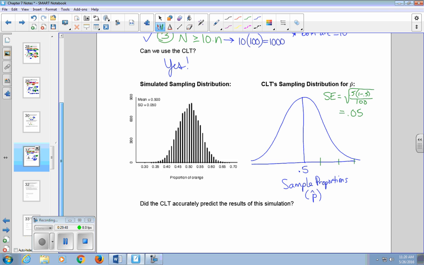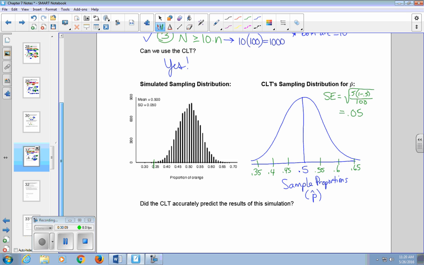So if you go out 1, 2, 3 standard errors to the left and right, this would be 0.55, 0.6, 0.65. If I subtract going in this direction, we've got 45% or 0.45, 0.4, 0.35. All right, so did that do a good job of predicting this model?